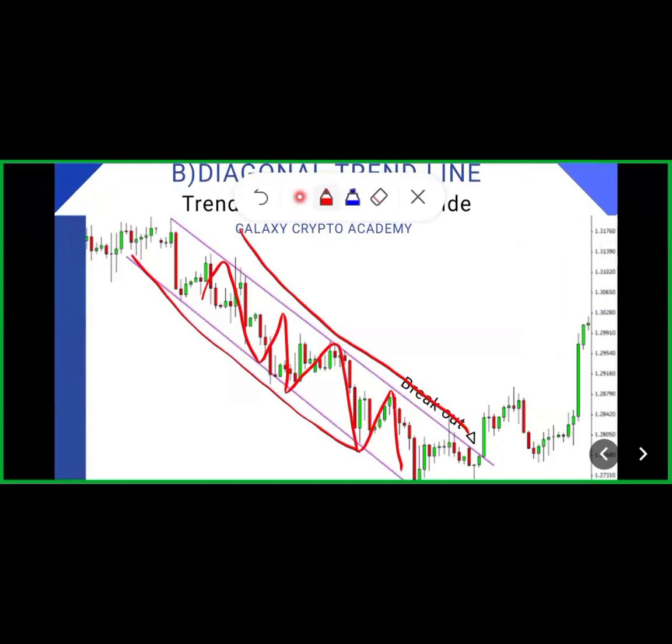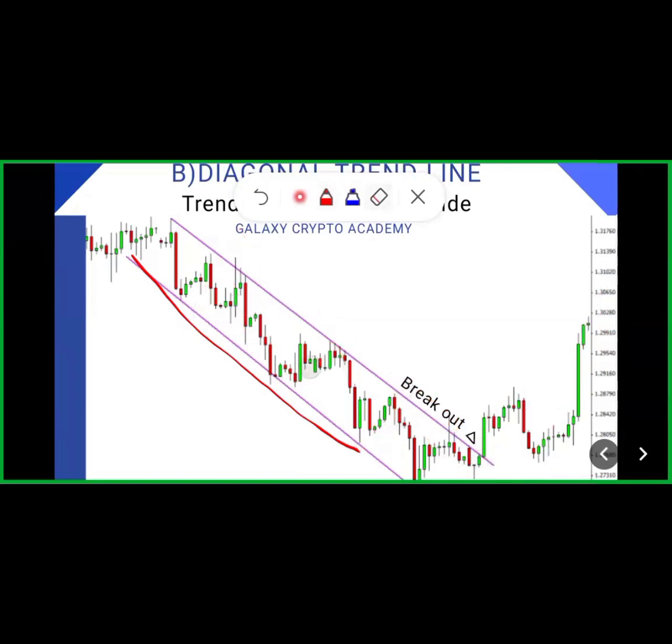Then finally, a break of structure happens here. Bam. The price breaks above the channel, comes back to retest the line, and boom, it surges. Once it breaks, it has to come back and retest before it goes crazy.